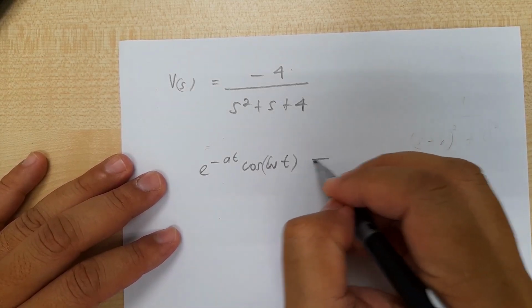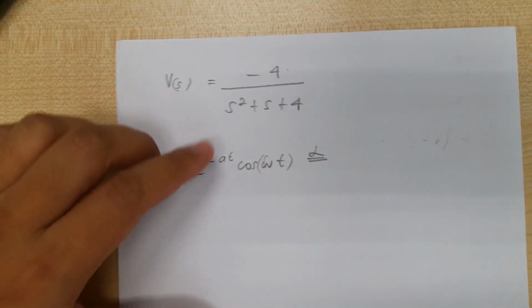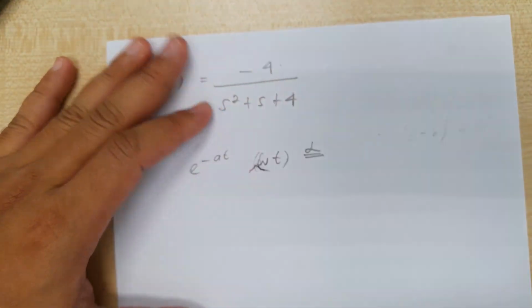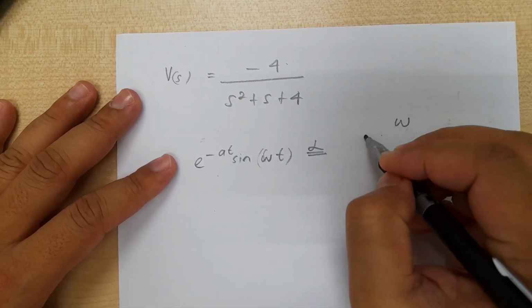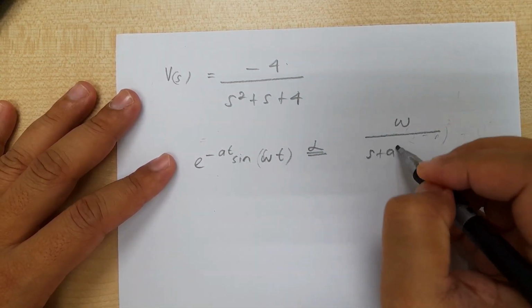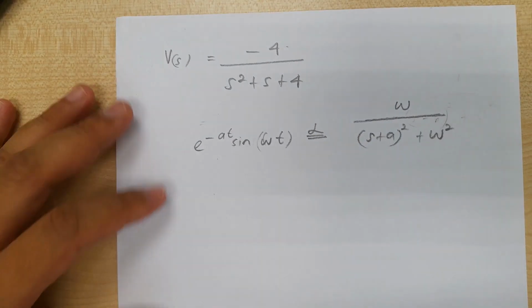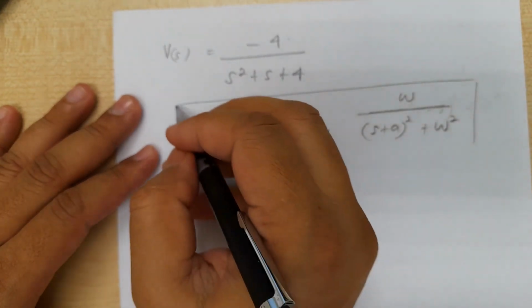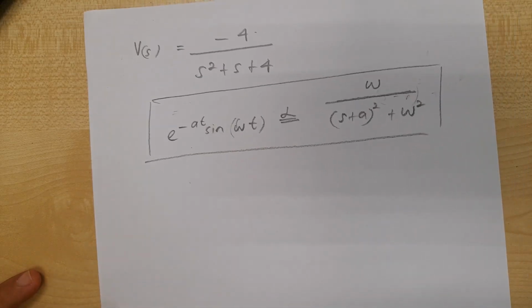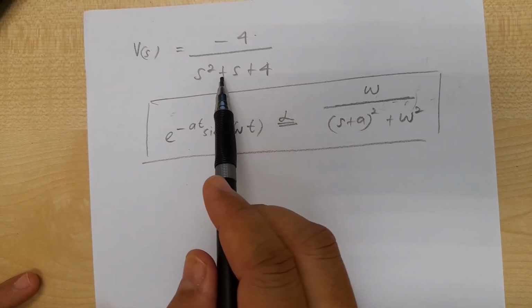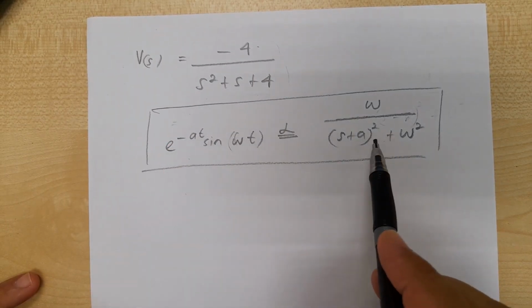Okay, we perform the Laplace transform and we will get omega over (s plus a) squared plus omega squared. This is taken directly from the Laplace transform pairs table. So what we can do is try to rearrange this term into this format.